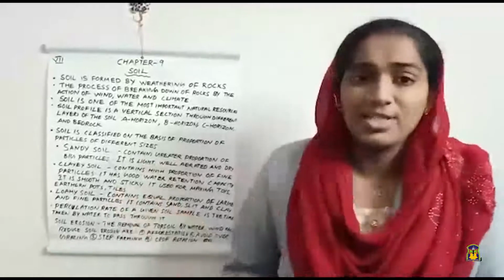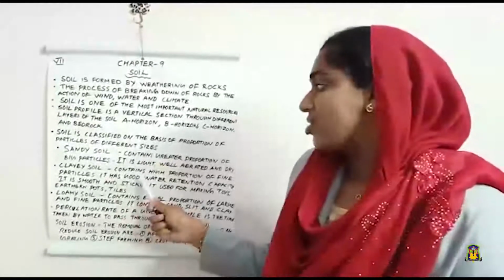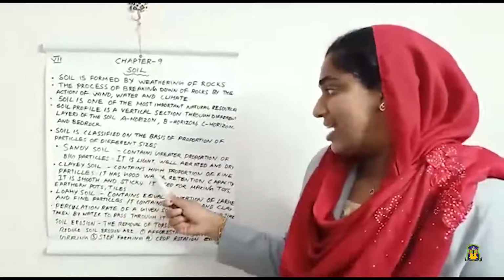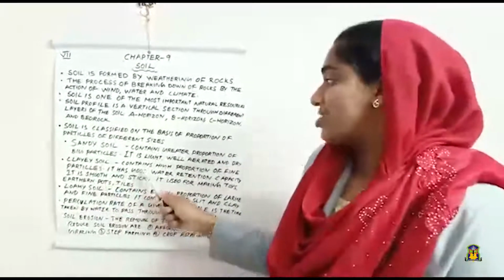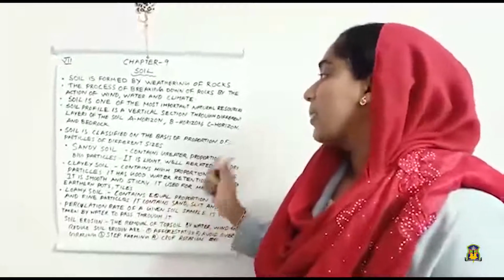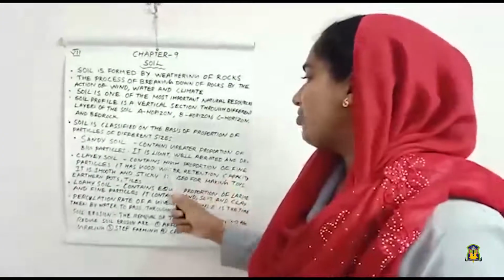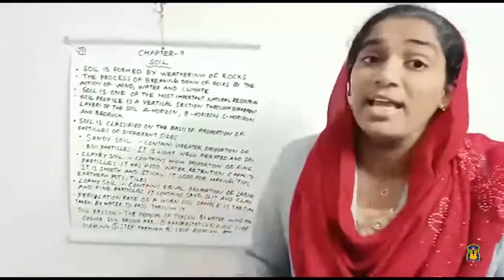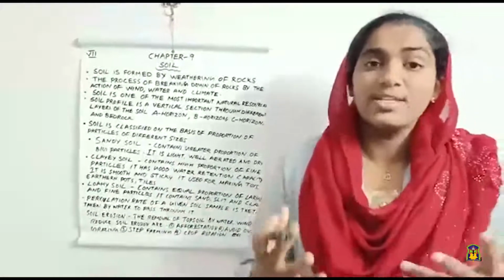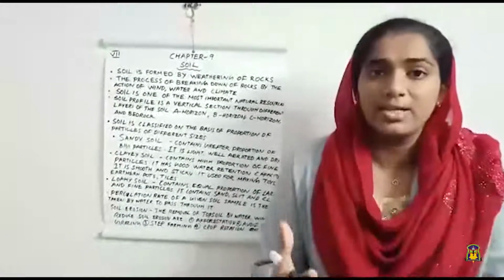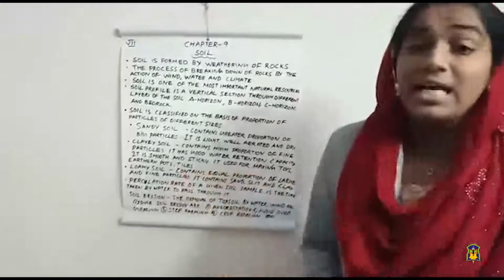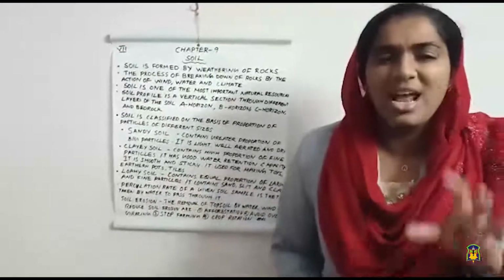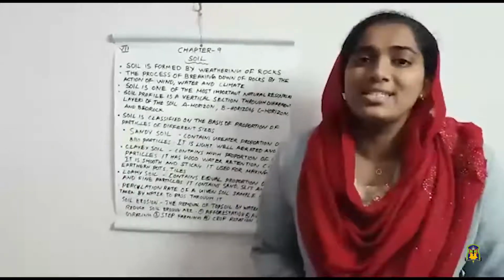Next one, clayey soil. What is clayey soil? Clayey soil contains a high proportion of fine particles. Clay soil is used for making earthen pots, toys, tiles, etc. Clay soil is very smooth and sticky.